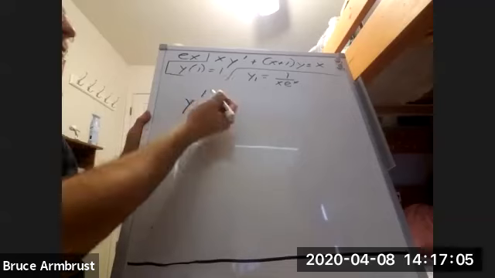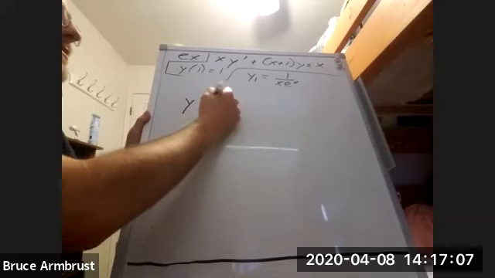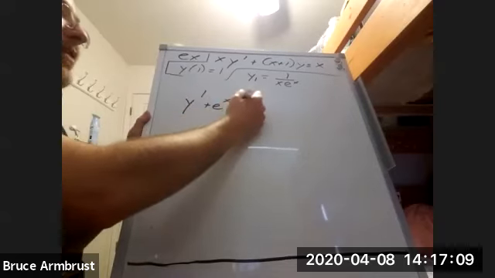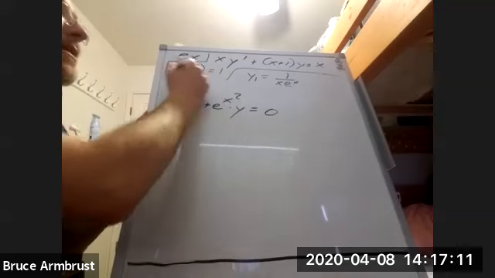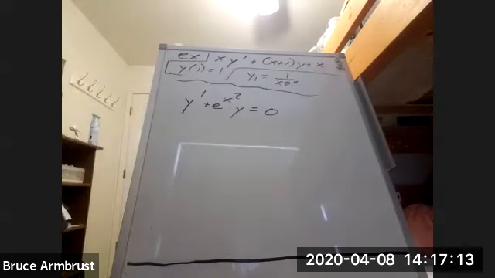Think about a real simple one that would be an issue. I'm going to write one on the board here real quick. What if I gave you y prime plus e to the x squared y equals 0? So homogeneous, first order, no big deal, right?